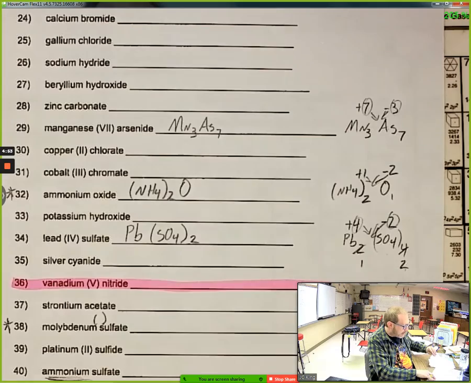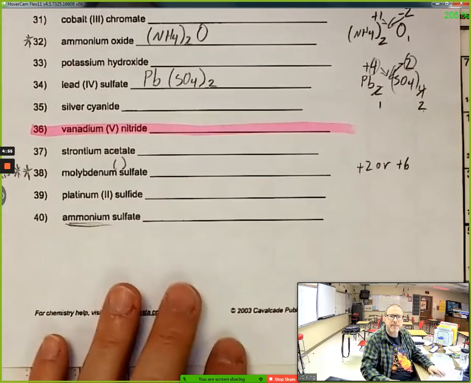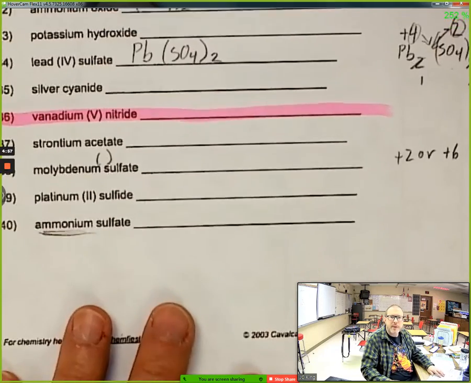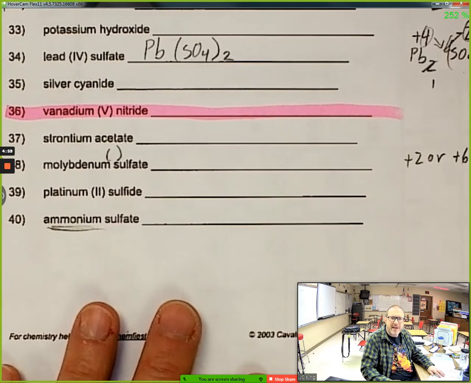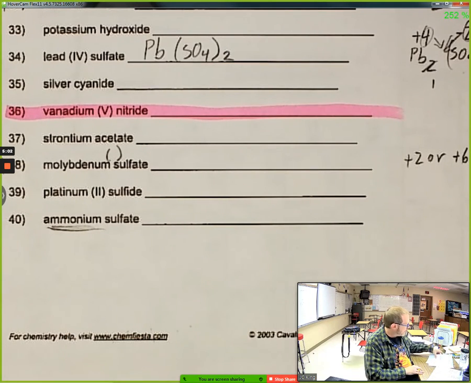While you're thinking about it, I'm going to go ahead and look at number 36, which is vanadium 5 nitride. Now, I know some people, and I get this every year, so if it's you, don't feel bad. I have some people that come to me and tell me that they really don't understand Roman numerals.